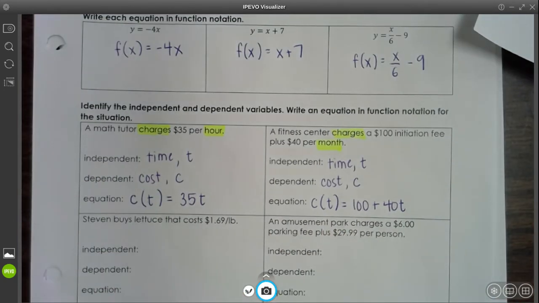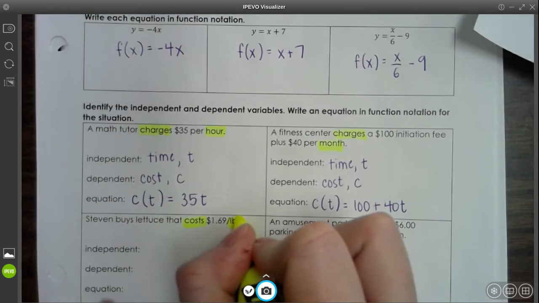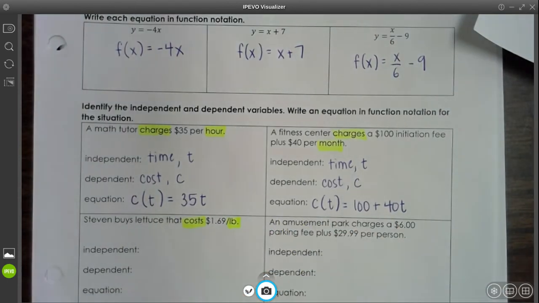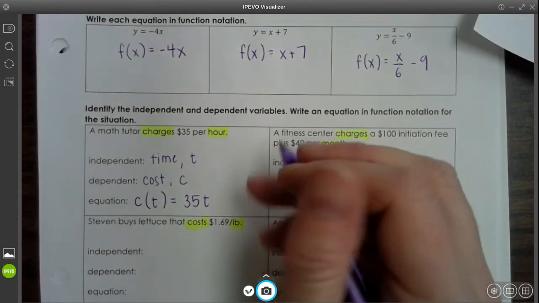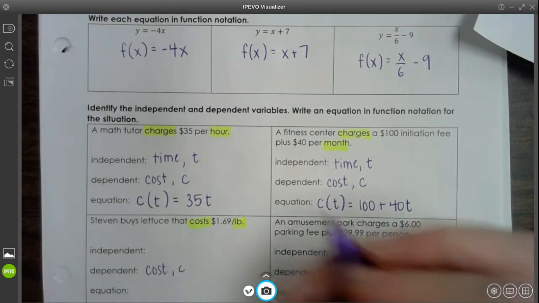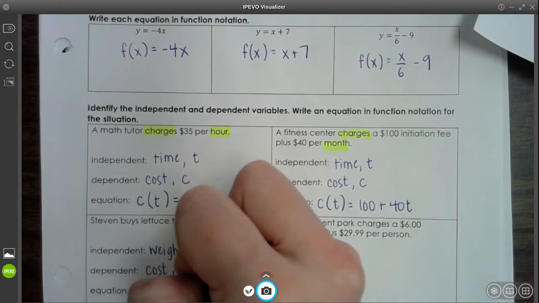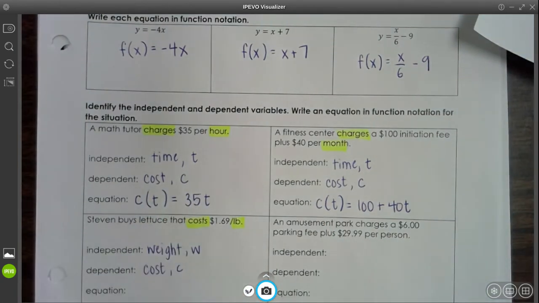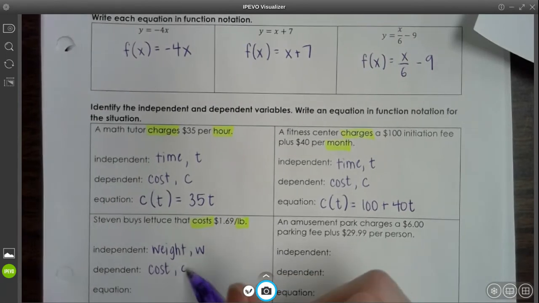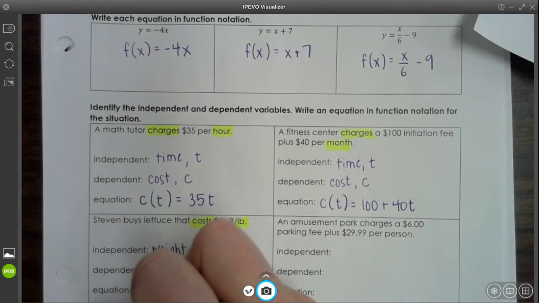All right, this next one says Stephen buys lettuce that costs $1.69 per pound. So here we have cost and we have pounds. So the cost is going to depend on how many pounds you buy. So the cost is our dependent variable, which we can call C. And then we're going to have weight for our independent variable, which we can call W. Okay, so we always write this as dependent variable in terms of the independent.